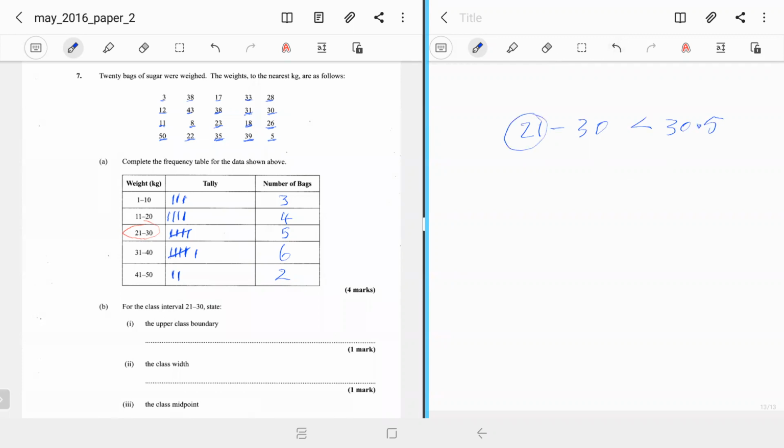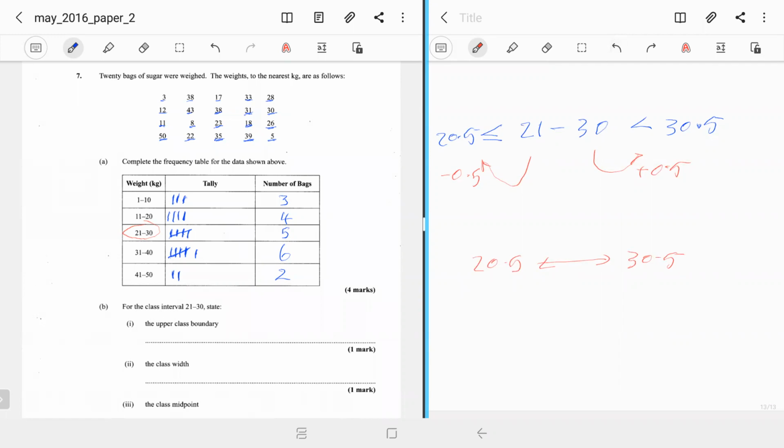And this end can take any value that is greater than or equal to 20.5. So it is always 0.5 more than this, add 0.5 to get the upper boundary, and 0.5 less than this, subtract 0.5 to get the lower boundary. So the boundary is 20.5 all the way up to 30.5. Those are the two class boundaries, and this is the upper one, and this is the lower one.